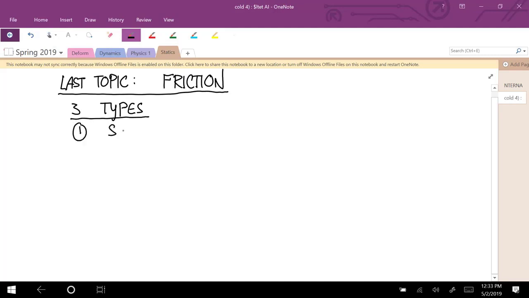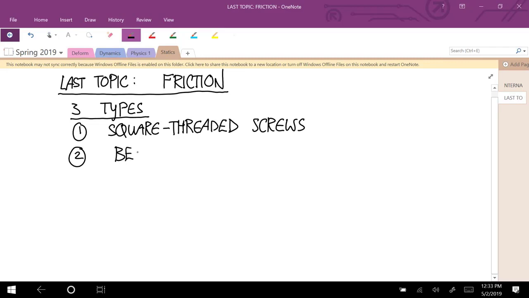The first one is square threaded screws. The second one is belt friction. And the third one, I'm breaking up into two pieces.